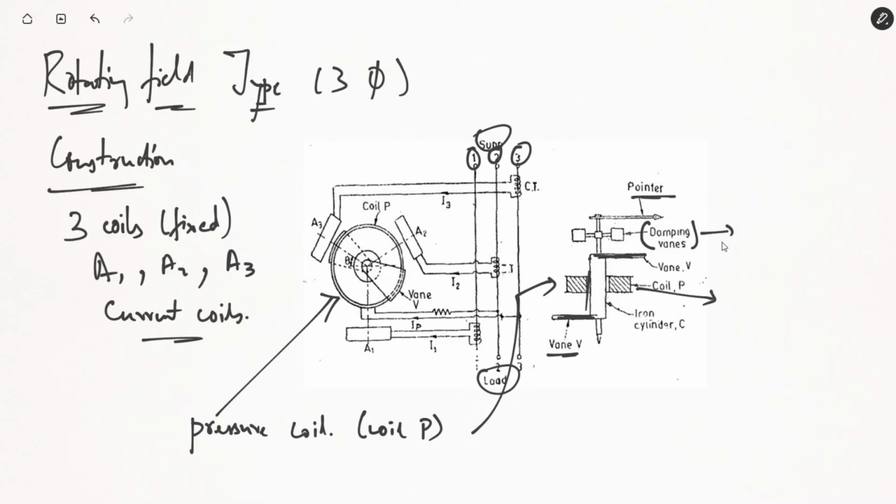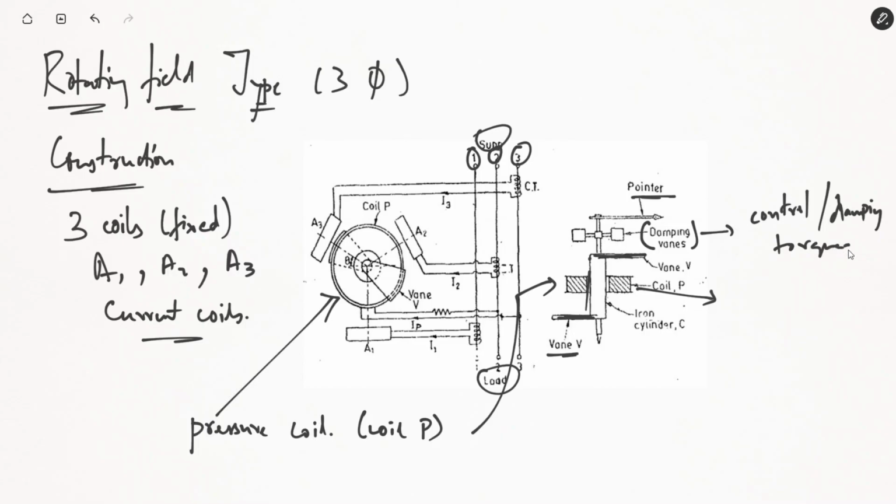This iron cylinder will be rotating, and on either side of this iron cylinder there are guiding vanes, on which the torque will be applied. Also attached with this cylinder is the pointer that will give us the readings, and you also have the control circuitry to damp out the oscillations, to produce the control or damping torques.